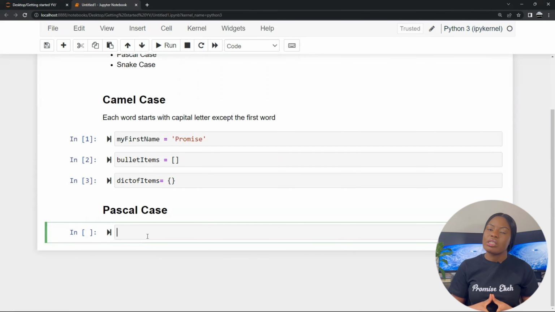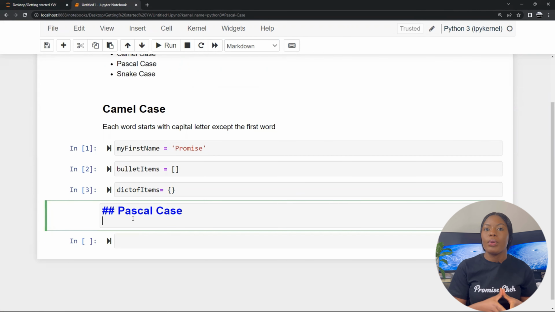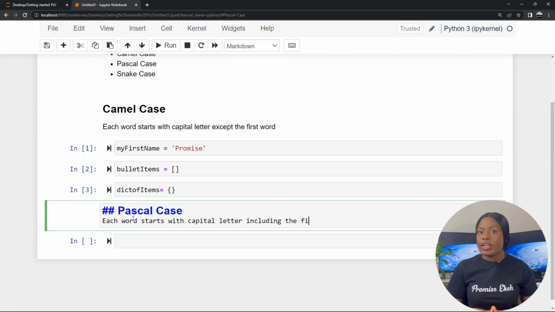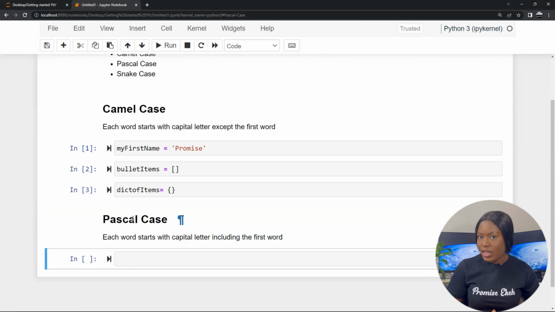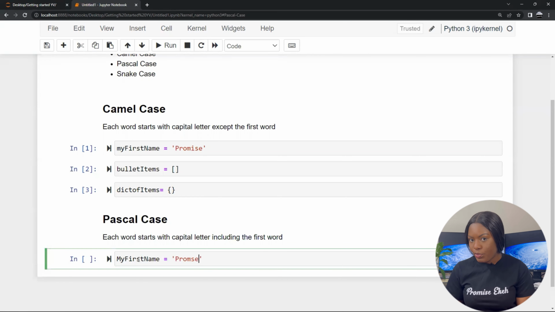Pascal case is similar to the camel case, but with Pascal case, everything, including the first word, begins with a capital letter. So for my first name, the M would be a capital letter, the F would be a capital letter, and the N will be a capital letter. You understand the difference? So camel, Pascal, every word begins with a capital letter.